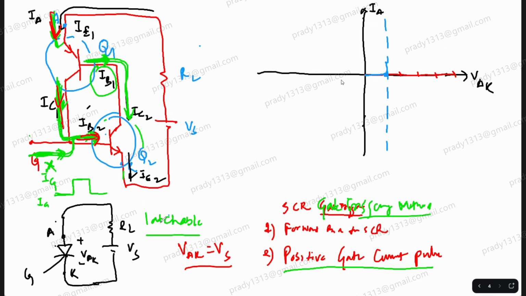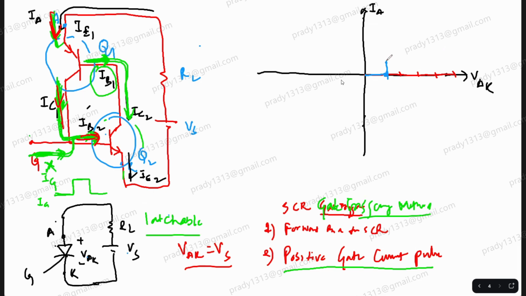Only if VAK becomes 0, or drops, can we say the device is truly conducting. When it is equal to supply voltage, how can we say it is conducting? So the voltage drop has to happen, and that happens when the anode current crosses a minimum value.